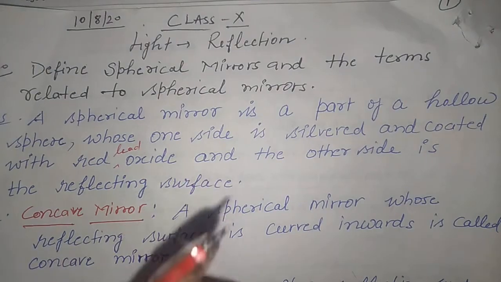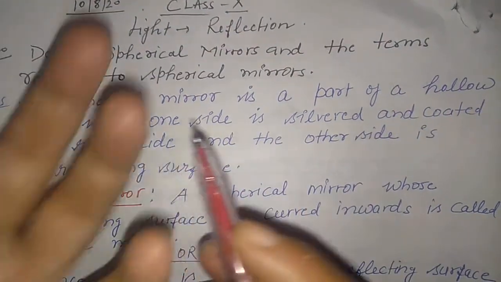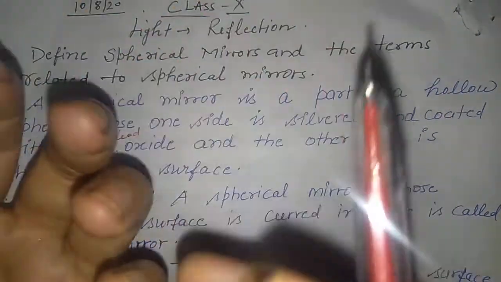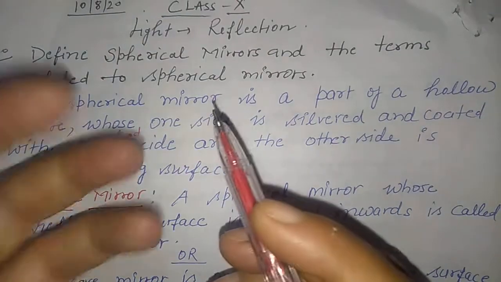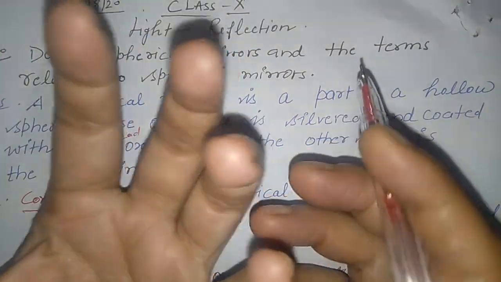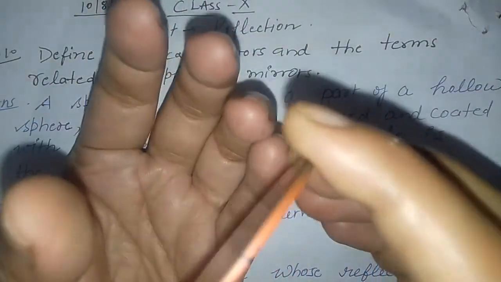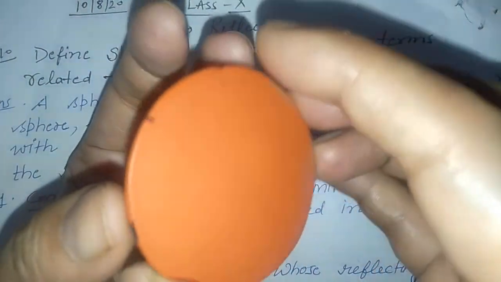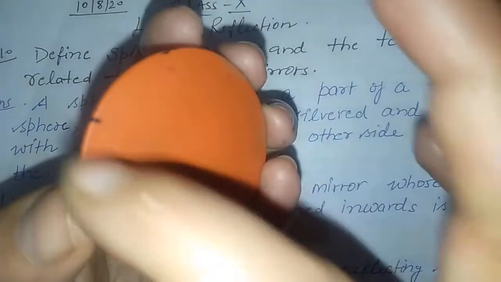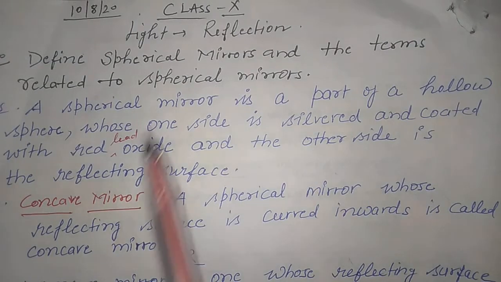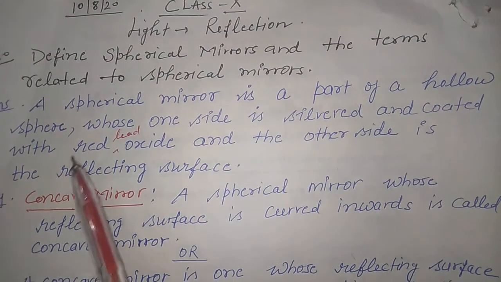You can imagine a crystal ball that is hollow from the inside, and this is the whole surface of the hollow sphere. If we cut pieces from the surface, then spherical mirrors are formed. So a spherical mirror is a part of a hollow sphere.